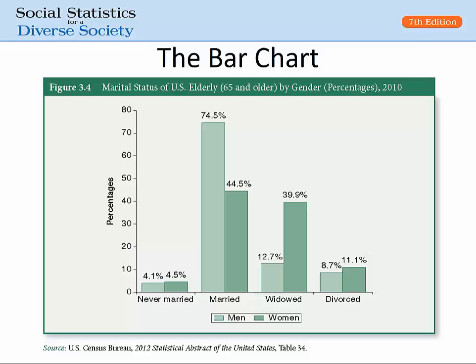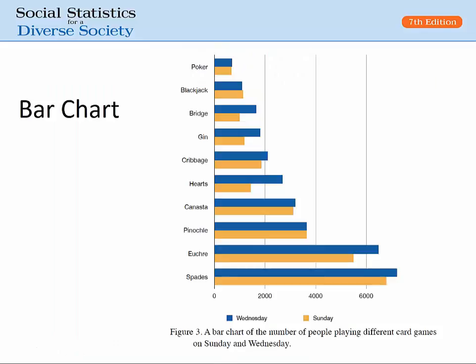There's 2 bars in the married category. There are 2 bars in the widowed category and 2 bars in the divorced category, and each of those bars represents either a male or a female, men or women. And the lighter green are the males, and the darker green are women. And we can see there's a legend at the bottom of the chart, which shows us which color corresponds to men and which color corresponds to women.